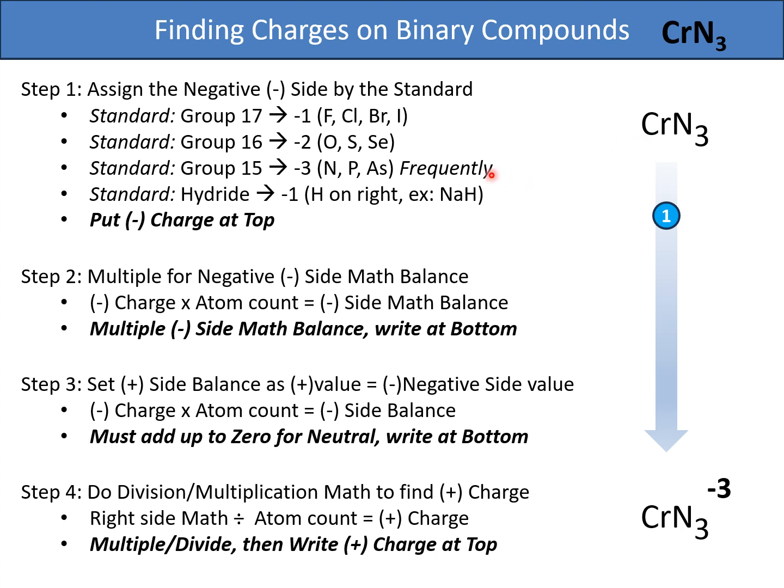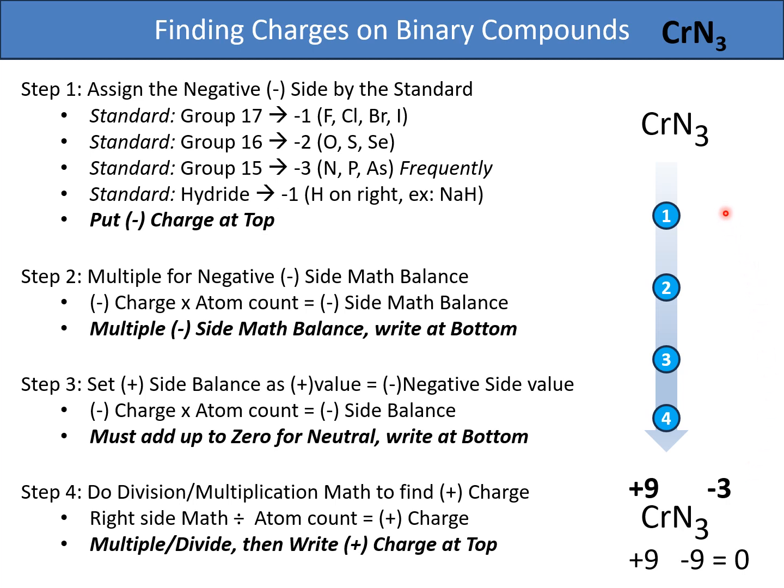So we'll use the group 15 as a standard. Therefore, it's -3 as number 1. And step 2, we multiply out here. 3 times 3 gives us a -9. Next step, we want to check for electronic balance to be 0. That means we must add a +9. So since we add a +9, we only have 1 chromium. That 1 chromium must carry that entire +9 charge.